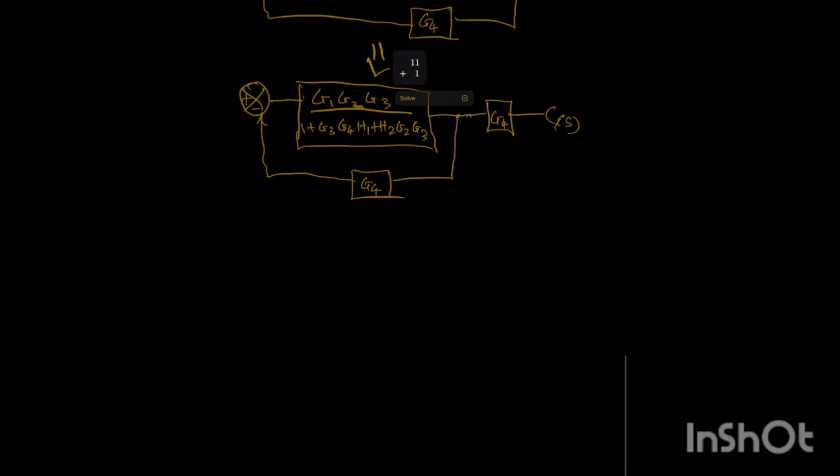So the next step we are going to take is to make sure that we get this particular loop. So this is a negative feedback. We can now join this together, after we have finished resolving this.